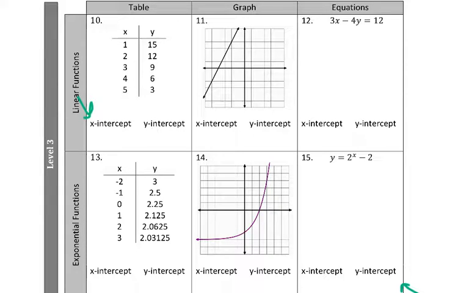I can't see it immediately, but we're going to assume that the table continues in both directions and that there's stuff in between, so I know that the 0 would have to be down here, and since we're adding 3 every time to move down the table, I think we can assume that we're still adding 3, so that's where 0 would be. We're adding 1 on this side. I think that's going to be a 6. So we're going to start with a 6 and a 0. That's our X-intercept.